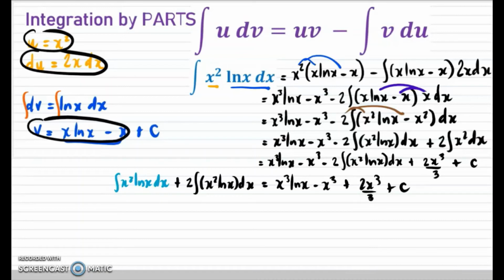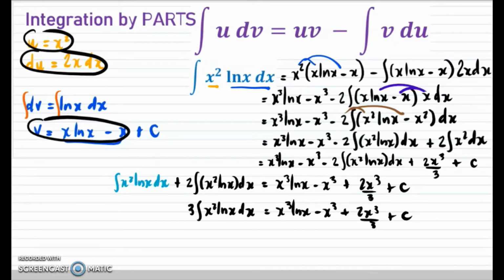And then combining these two, we have 1 and a 2, so we have a total of 3. Right? So 3 integral x squared ln x dx is equal to x cubed ln x minus x cubed plus 2x cubed over 3 plus c.